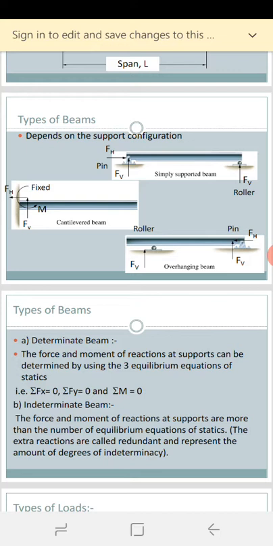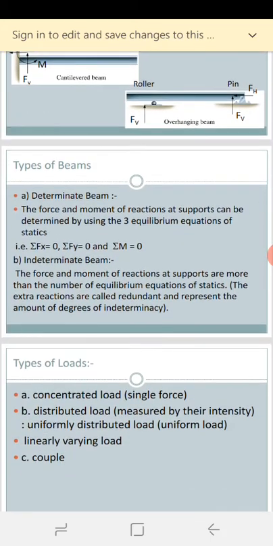Now continuous beam. Continuous beam means when the span of the beam is more than one, that beam is called a continuous beam.